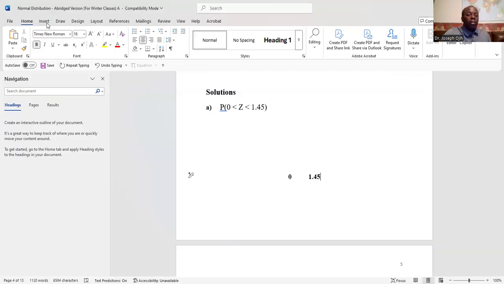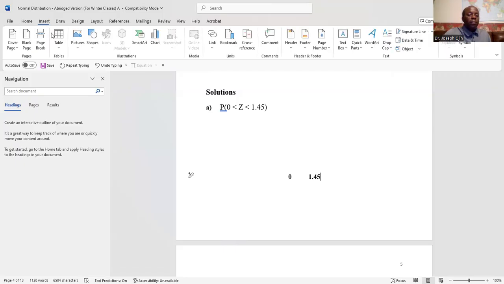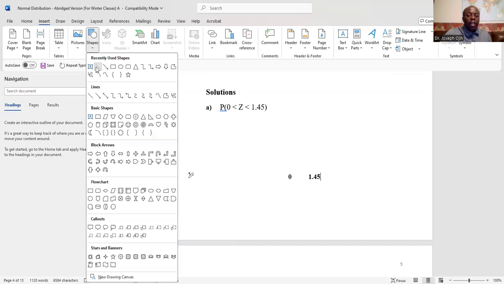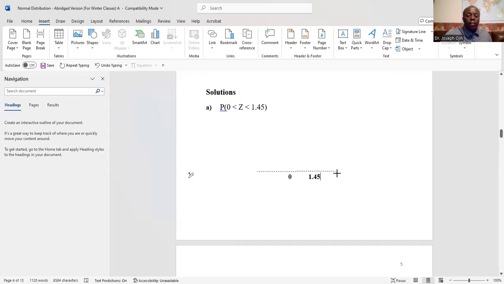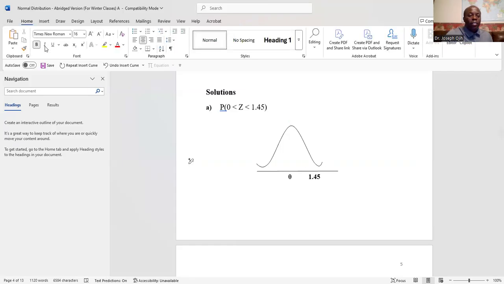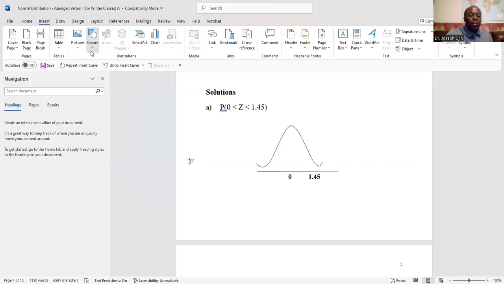So I'm gonna start drawing it. Let's start with this. Get the x-axis. Then put a curve. This is easy to draw on paper, but on a computer it's a little bit challenging. And then put the center line, which is the mean, 0.